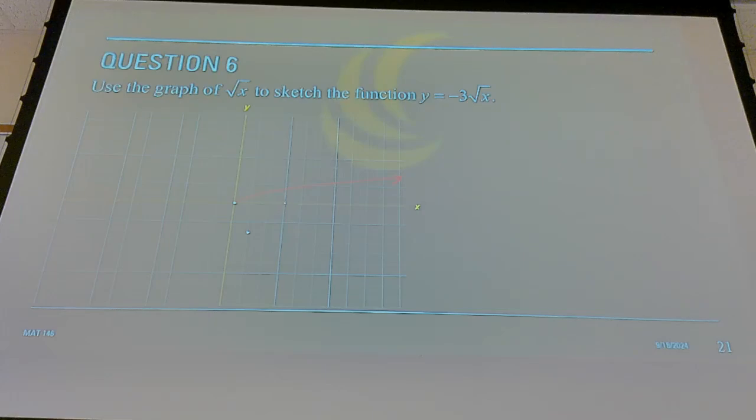And to plot at 9, 3 times 3 is 9. I do have room for that. So that'd be 9, 9. Right there. Something like that.